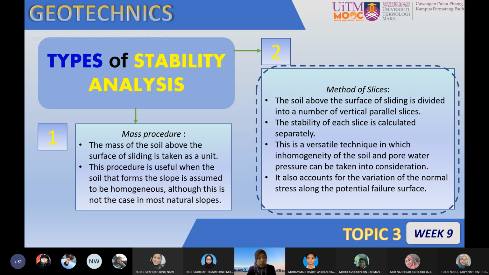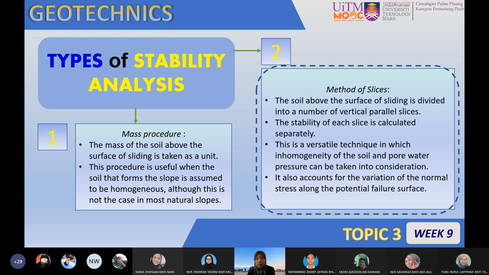In comparison, in the method of slices, the soil above the surface of sliding is divided into a number of vertical parallel slices. So the stability of each slice is calculated separately. This is a versatile technique in which homogeneity of the soil and pore water pressure can be taken into consideration. It also accounts for the variations of the normal stress along the potential failure surface.